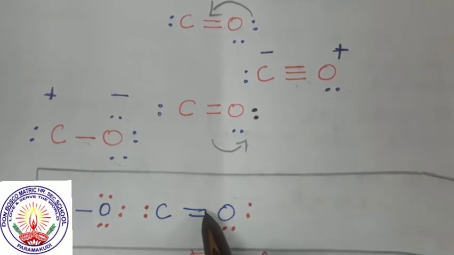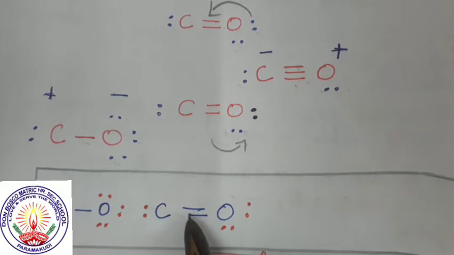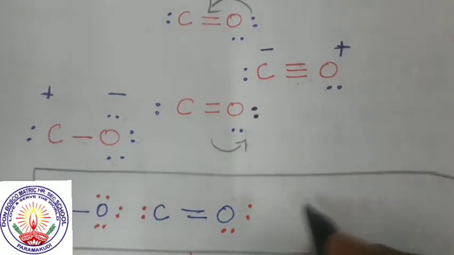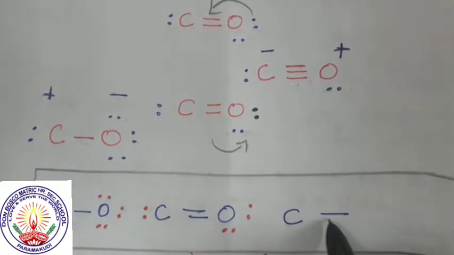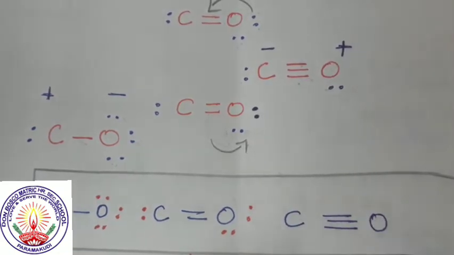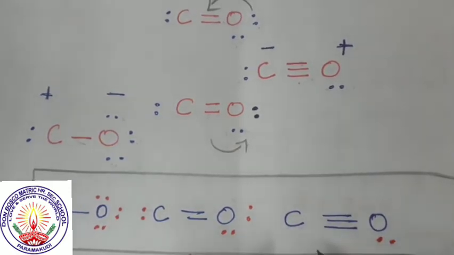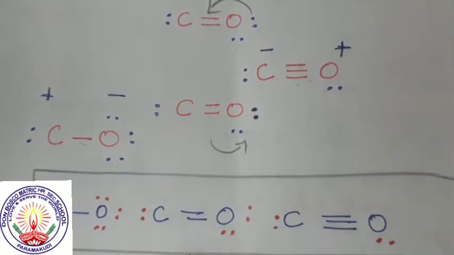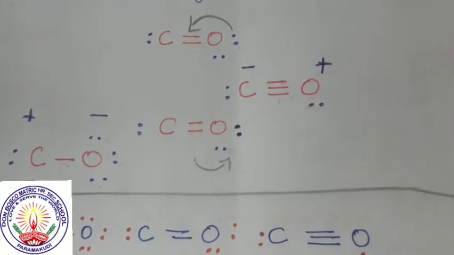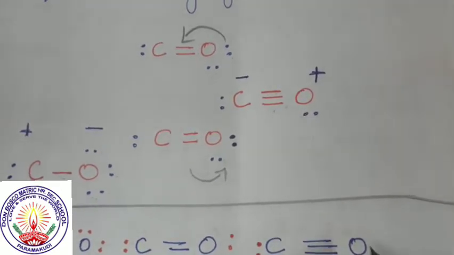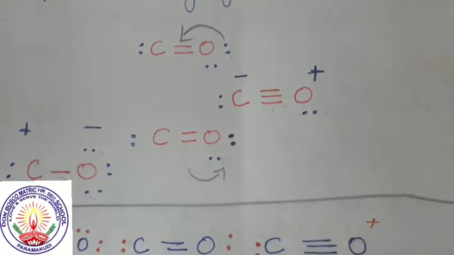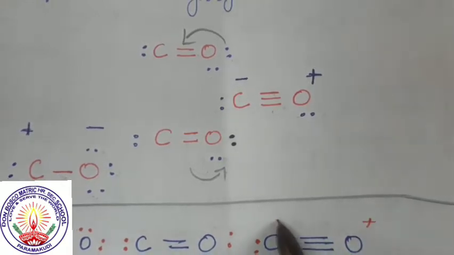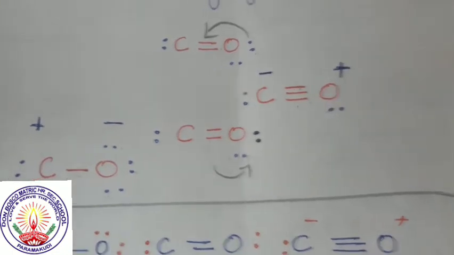2, 4, 6. 2, 3, 4. 3, 4, 5. This is only 5, therefore it bears a plus symbol, and this is more than 4, so it bears a negative sign.